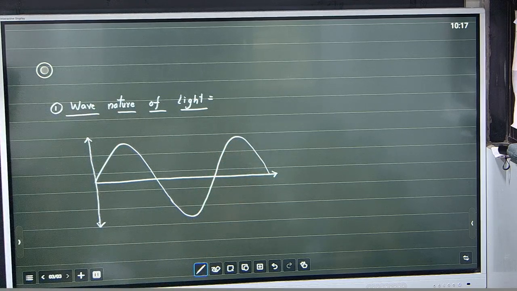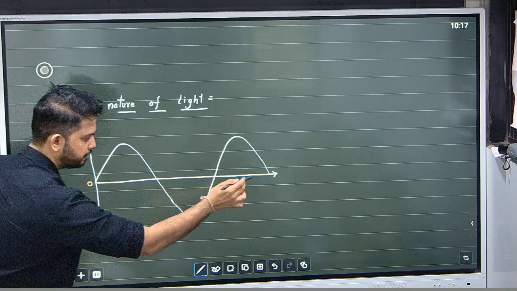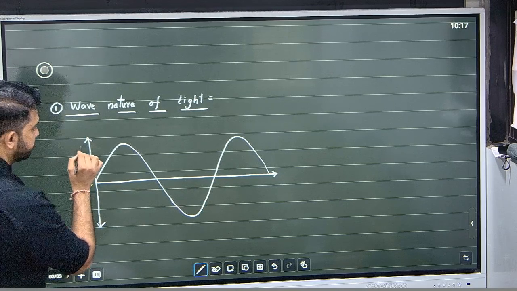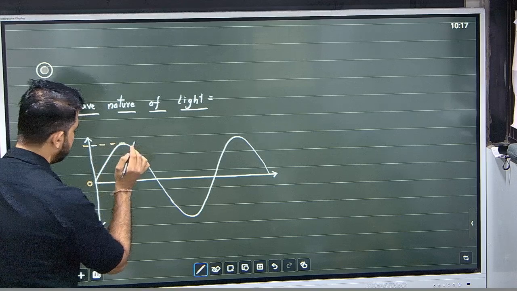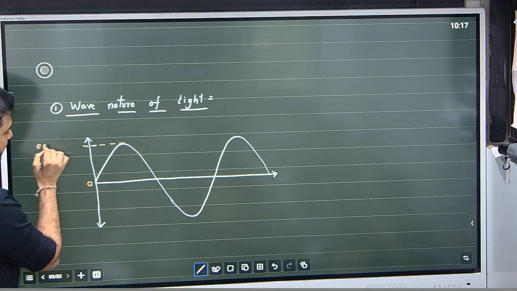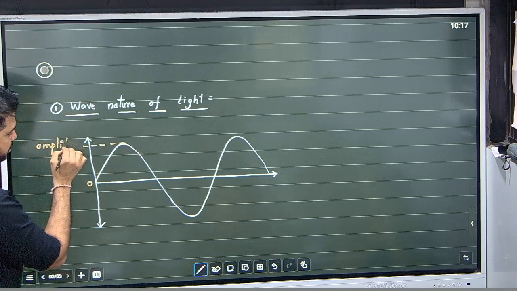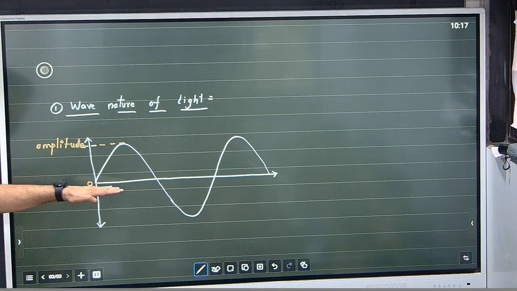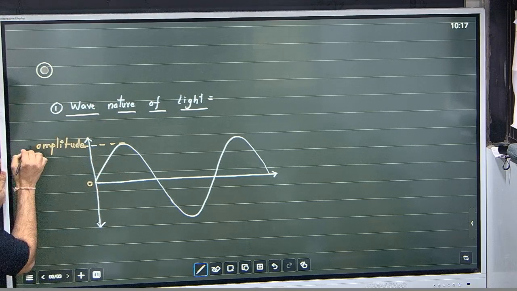Now, people, the maximum displacement from mean position. What do you call the maximum displacement from mean position? We call it amplitude. So, if it is above the x-axis, we'll call it the positive amplitude.